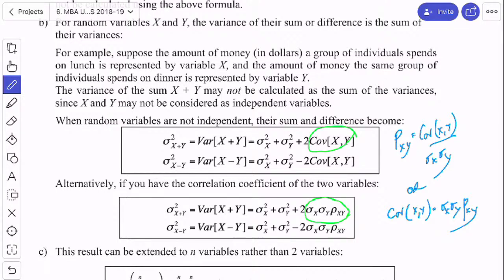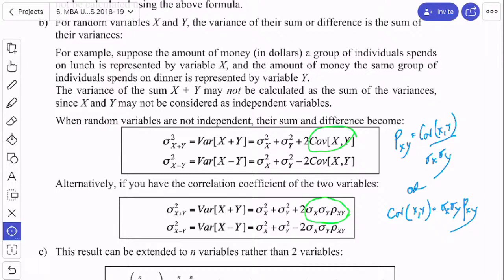Okay, so depending on what you're given, if you're given covariance, you calculate like this. If you're given the correlation, you calculate like this. Now, where the heck is this formula coming from? And what in the world is this? I'm going to describe that in a moment.